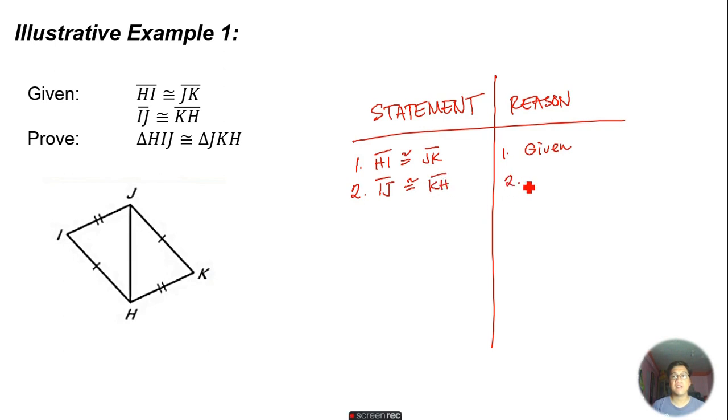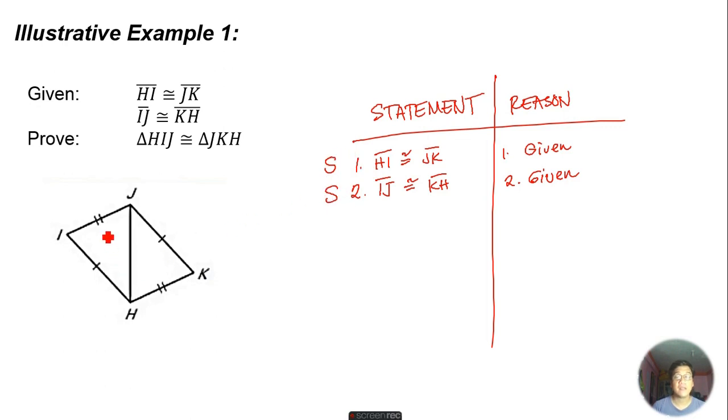What is our reason? Still given. Now we're done with the given. You designate each given as a side or an angle. This is already a side and this is a side. After doing this, you look at the illustration and try to locate.